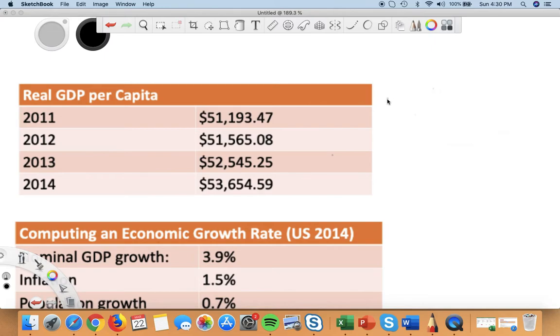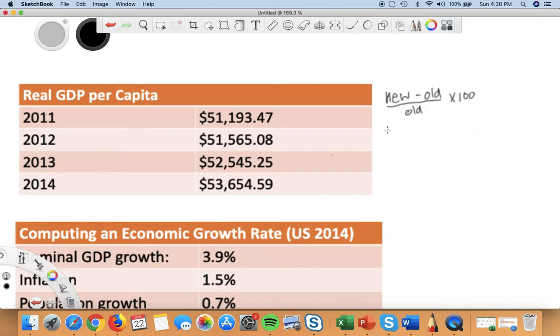Our growth rate formula is the new value minus the older value, all divided by the older value, times 100. Using the idea that 2013 is the year that we want, the 2013 value of real GDP per capita is going to be our new value.